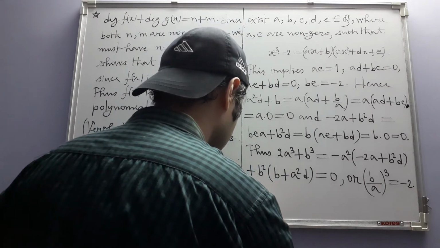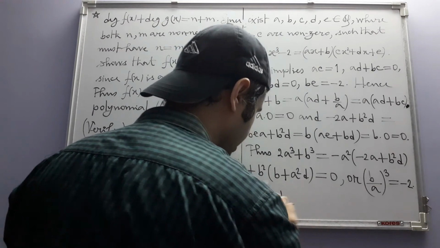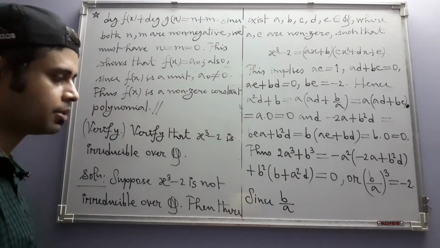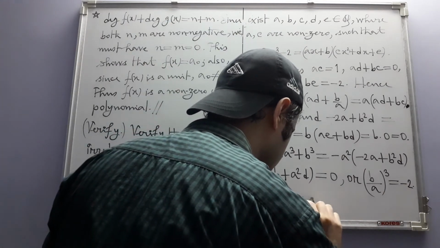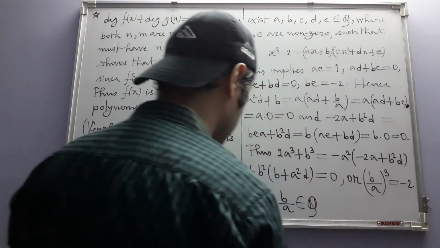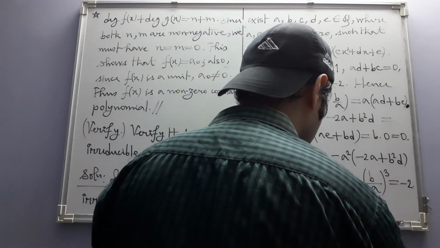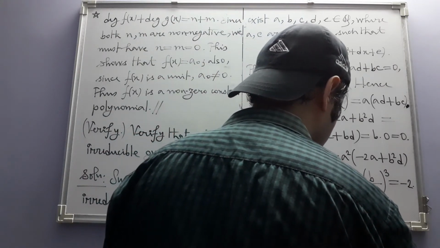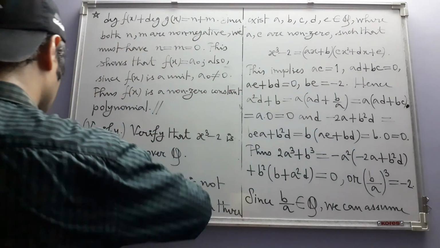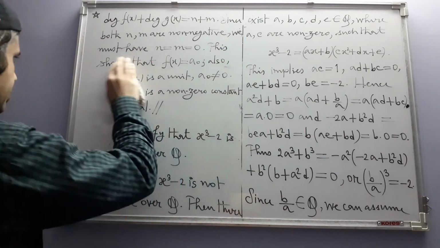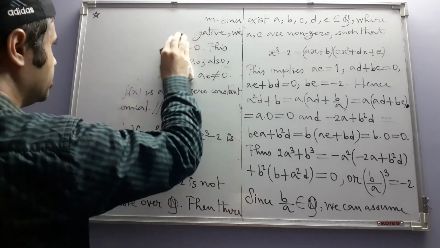Since B, A, these are all rational numbers, so the quotient is also a rational number. Since this is a rational number, we can assume... So now I think you can probably see what we are going to do here.